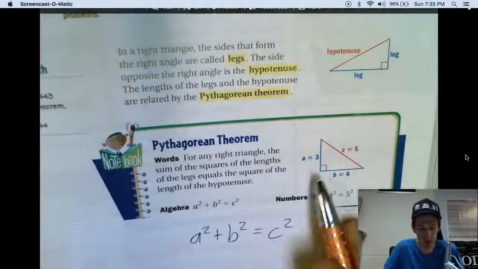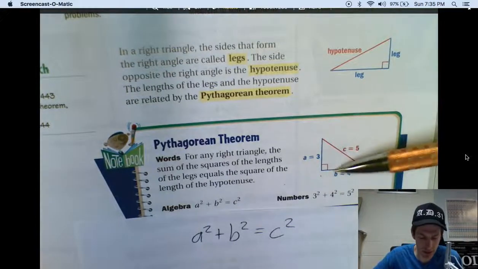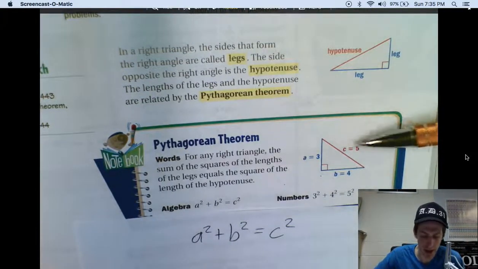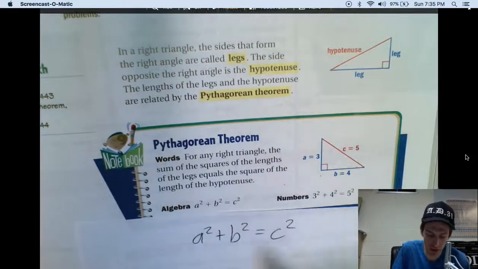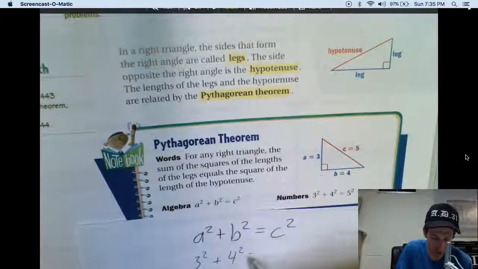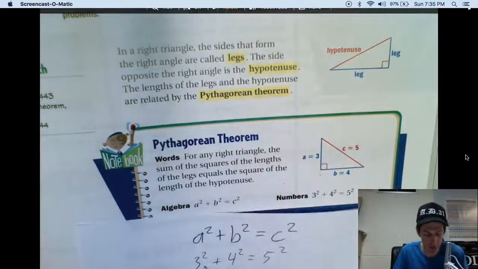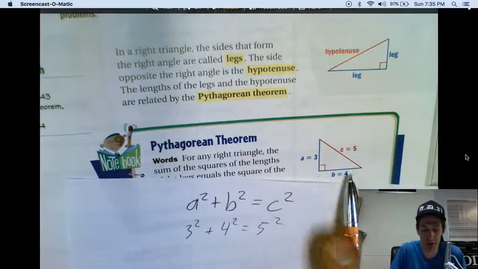Okay, so here, if this leg is 3, and this leg is 4, and this hypotenuse is 5. If we plug those numbers in, 3 squared plus 4 squared equals 5 squared, this left side should equal the right side. Otherwise, their diagram is wrong.